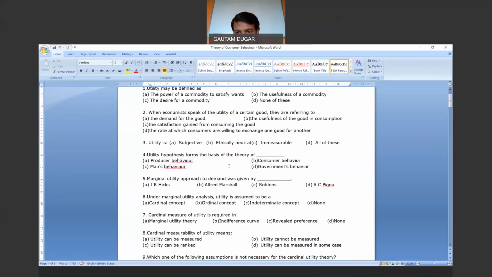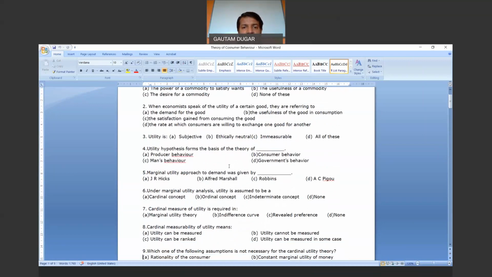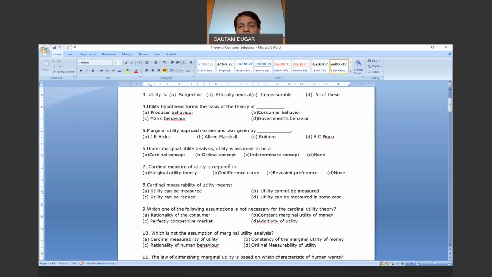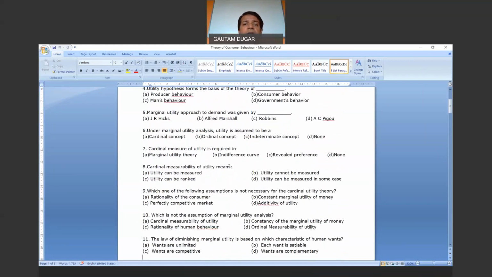5. Marginal utility approach to demand. The marginal utility approach was given by Alfred Marshall. Under marginal utility analysis, which is the cardinal approach we were discussing, you have the concept of marginal utility, the satisfaction you derive by consuming an additional unit of the commodity.